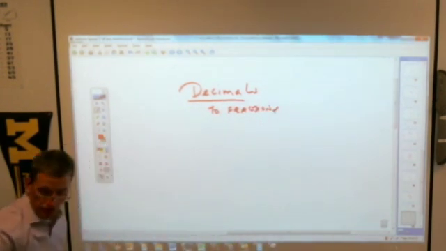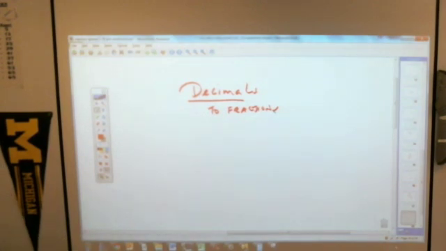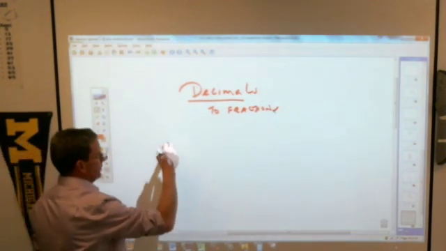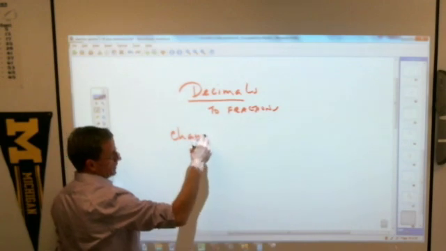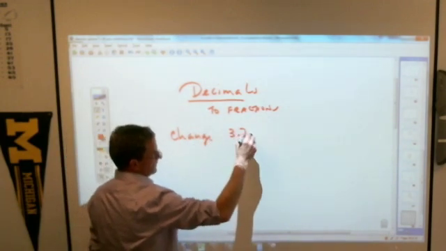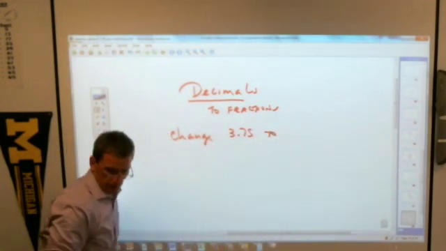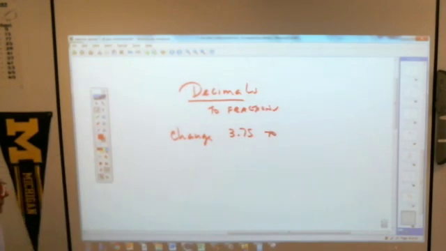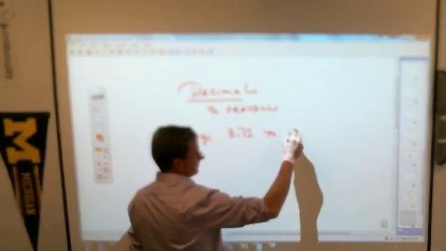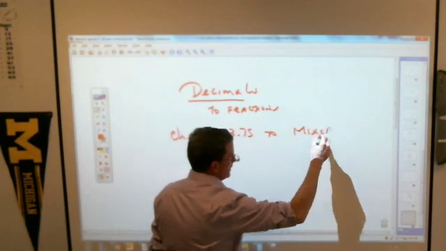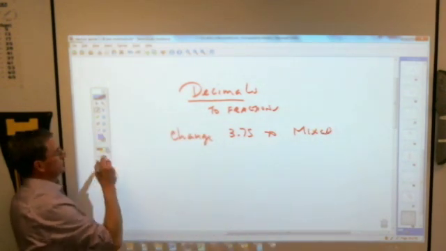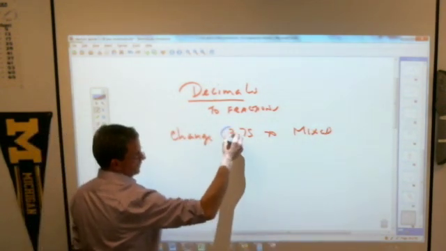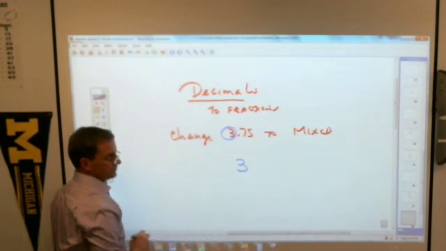This should be relatively short and relatively sweet. If the book asks you to change 3.75 to, let's see the exact word, a mixed number, how will that work? Well, you should know that the number in front is going to stay the whole number.